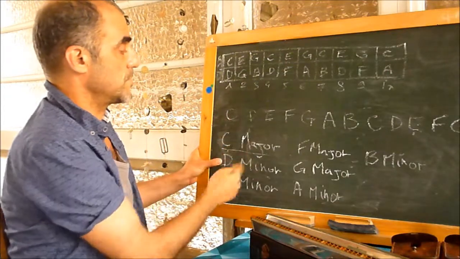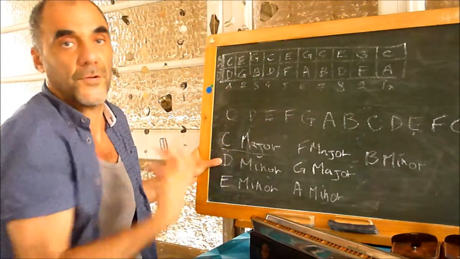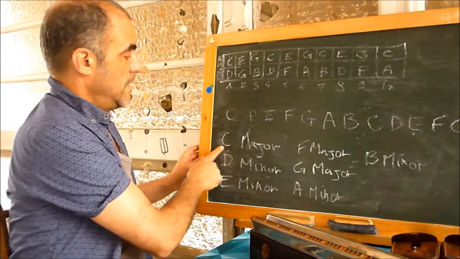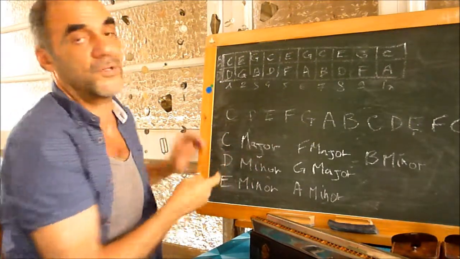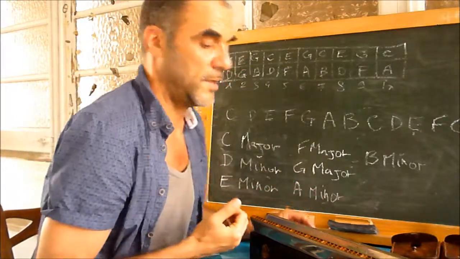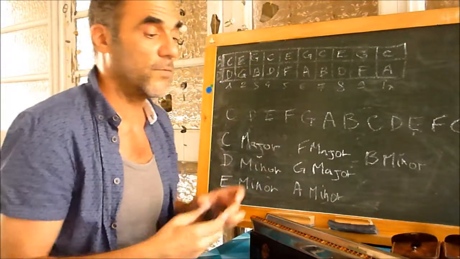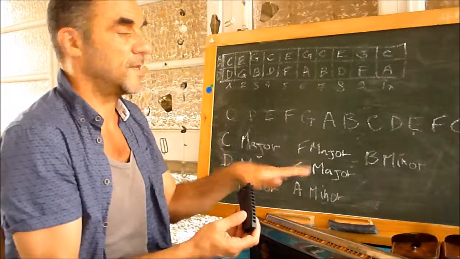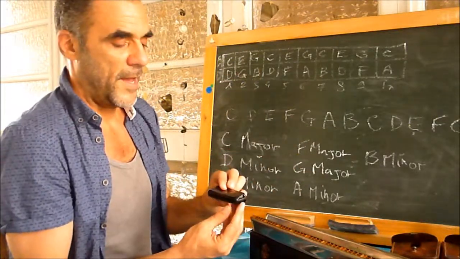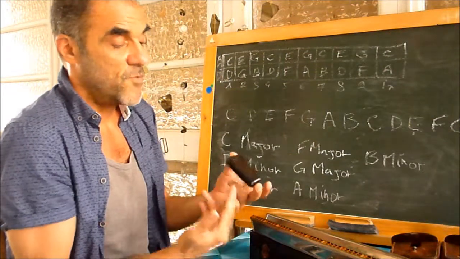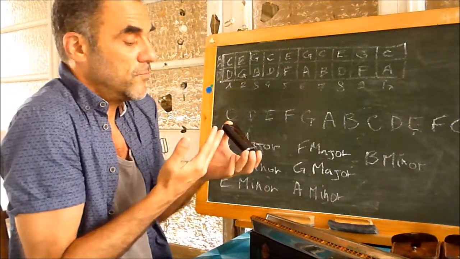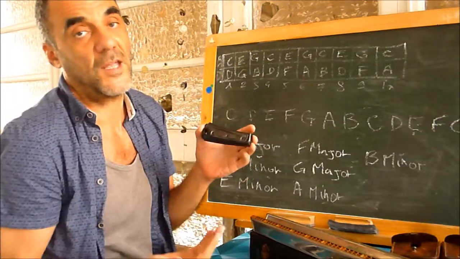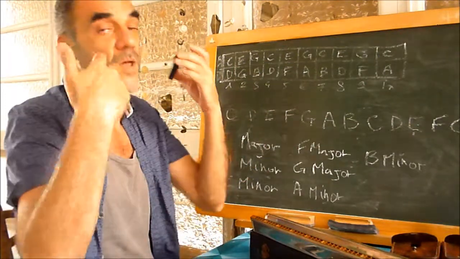The second mode of C major scale is D minor Dorian. Okay, it's a lot of information. It's not important to know it and to understand it, but it's important to understand that we can play in many chords, seven at least, and some more, with a harmonica. We are not limited to only the C major scale. We can do many more things.